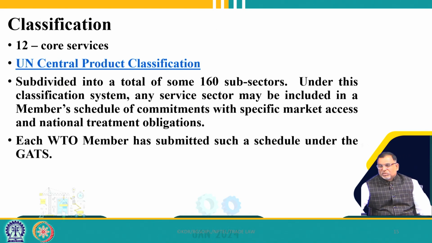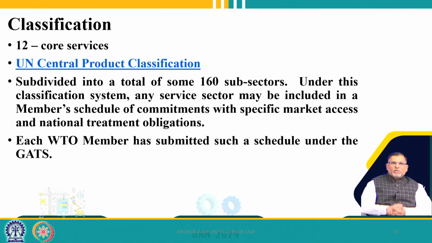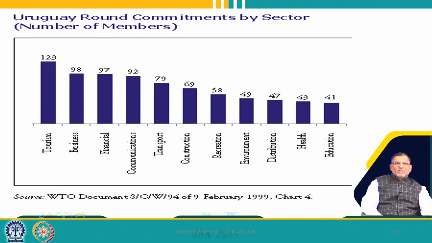So, we already talked about this UN product classification system, which has been accepted by all the WTO members as a part of market access commitments, especially for the specific purpose of market access commitments.